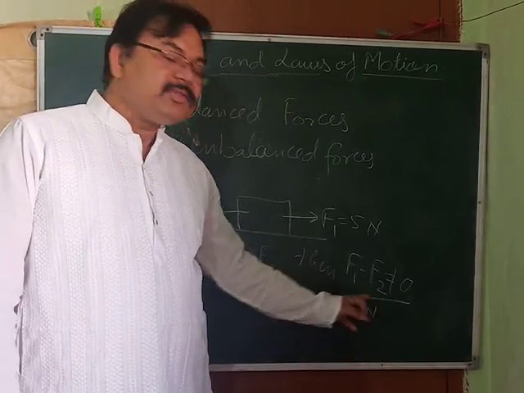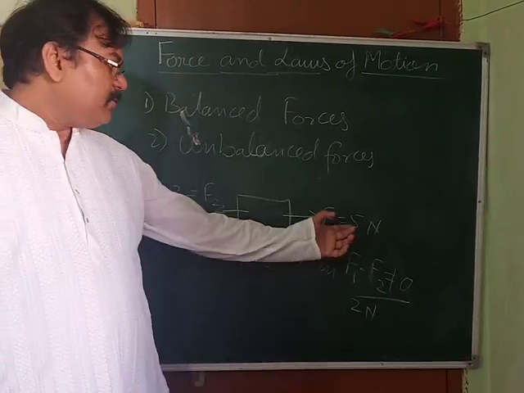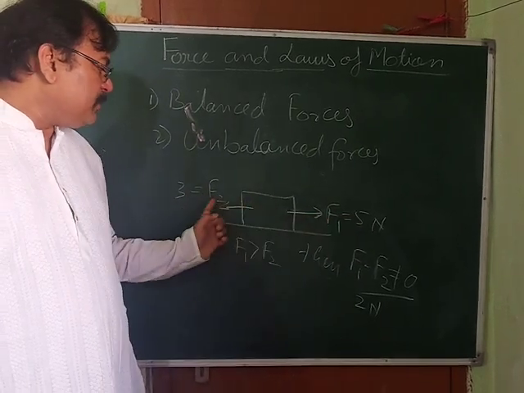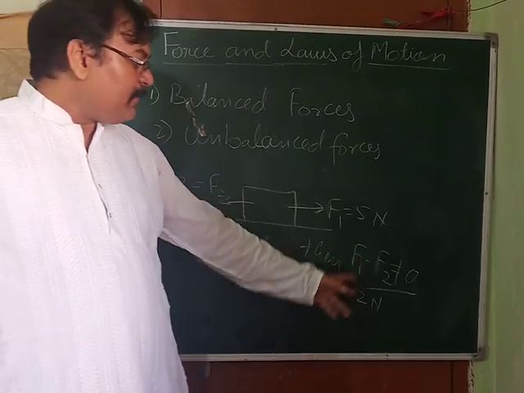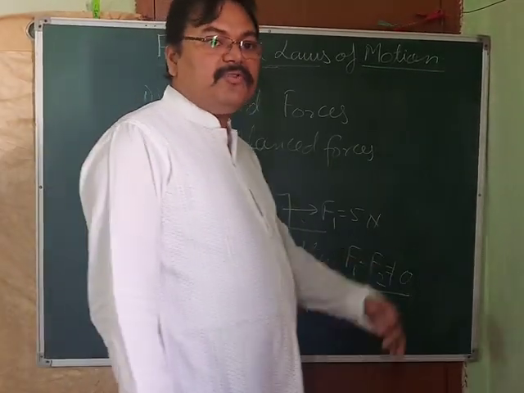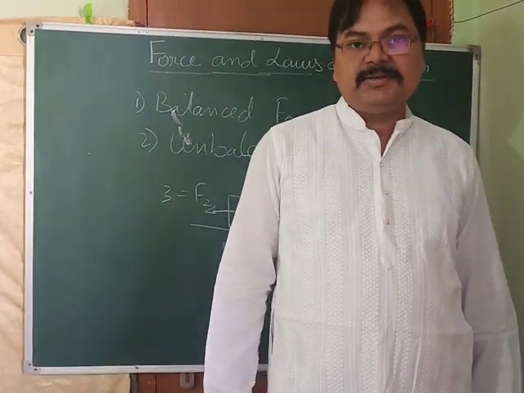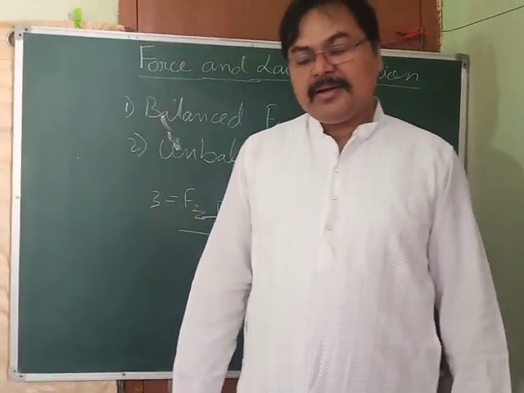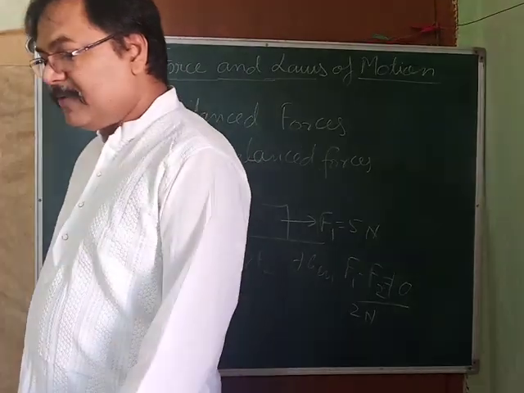So here 2 Newton is what? It is unbalanced. 3 Newton out of this has been balanced by this 3 Newton. So what is left, that net force is called unbalanced force.